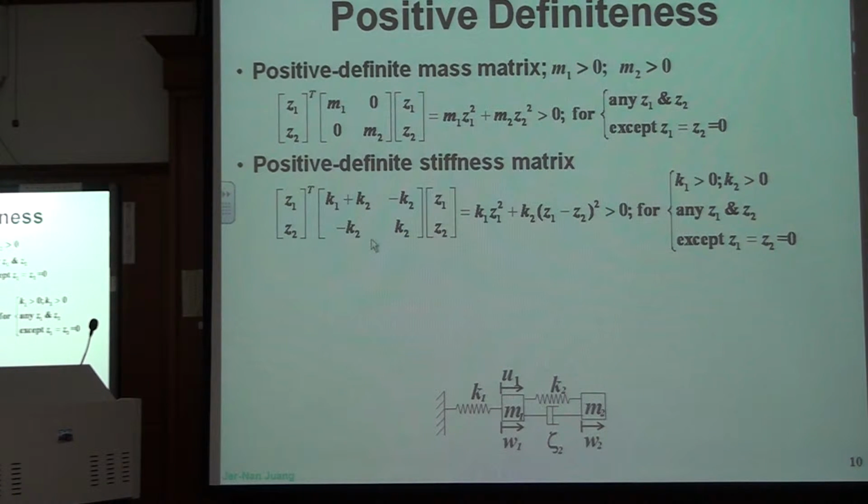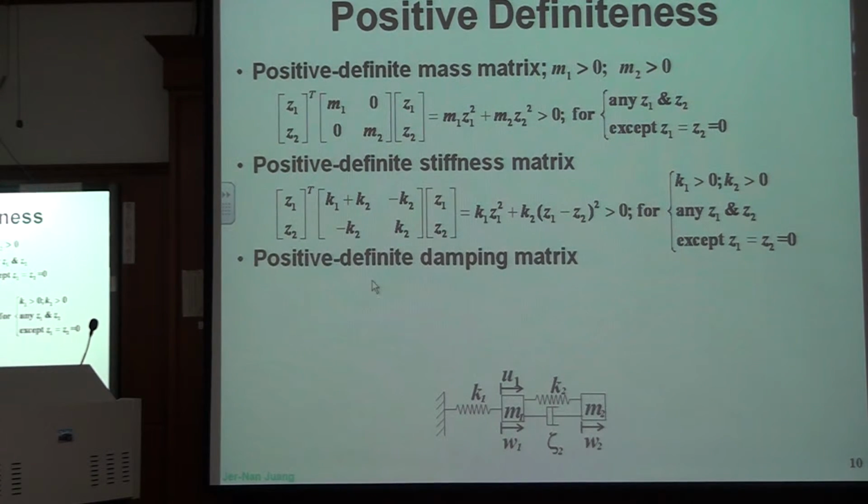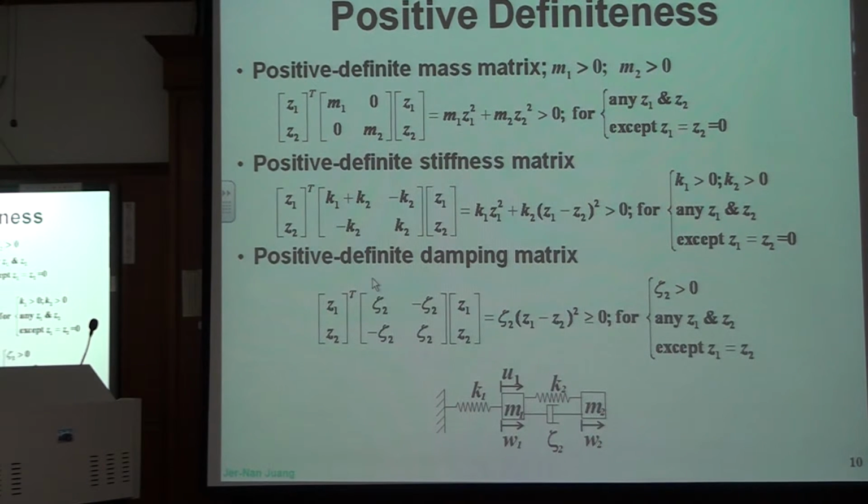If this is the case, then this system is a stable system. It won't become unstable. If you have a positive definite mass matrix and a positive definite stiffness matrix, then this is what I call marginally stable. We'll define what marginally stable means. Okay? Now for the damping matrix.